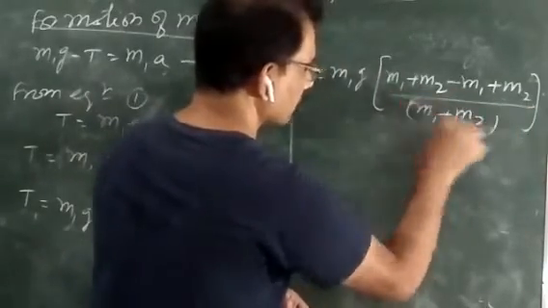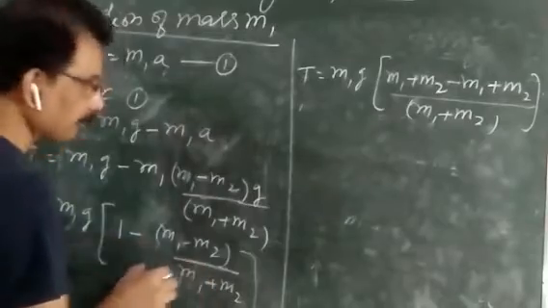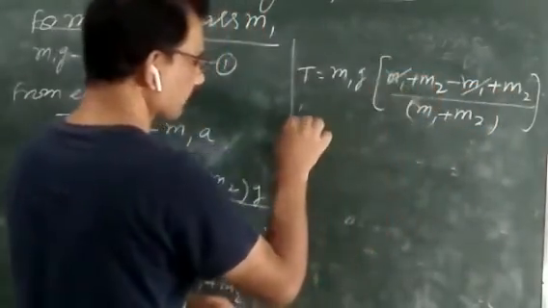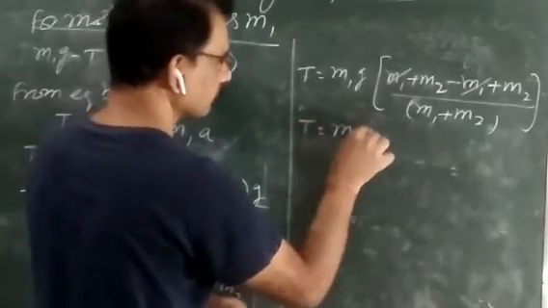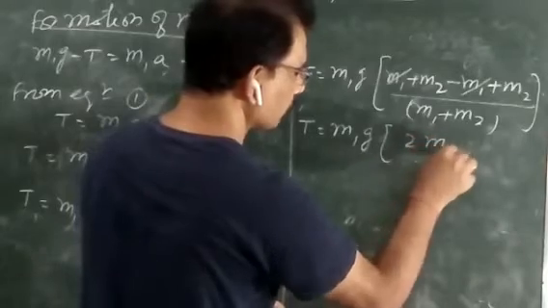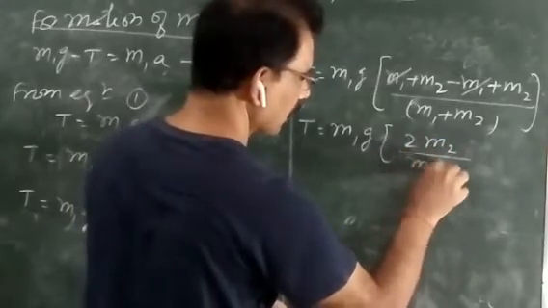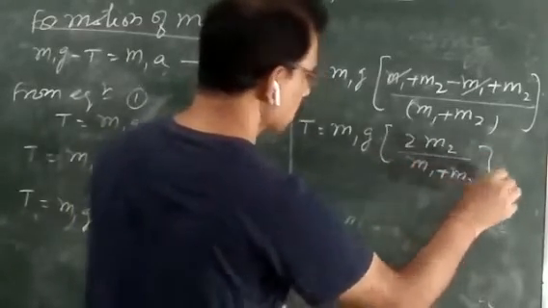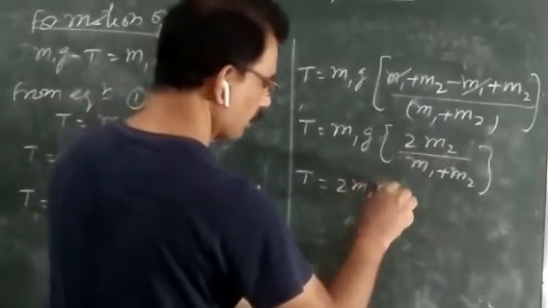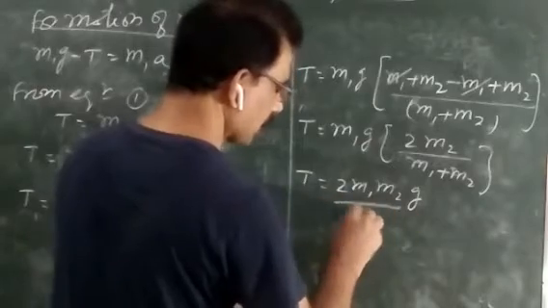Take the LCM m1 plus m2, you will find this one. Plus m1 is cancelled by this one, and you will get T is equal to m1g, m2 plus m2, 2m2 upon m1 plus m2. And in this way you will get T is equal to 2 m1 m2 g upon m1 plus m2.